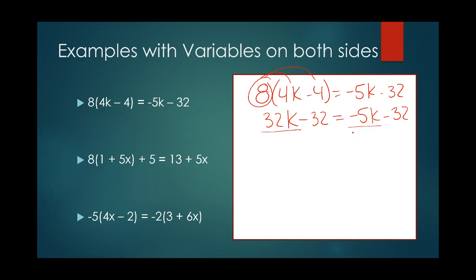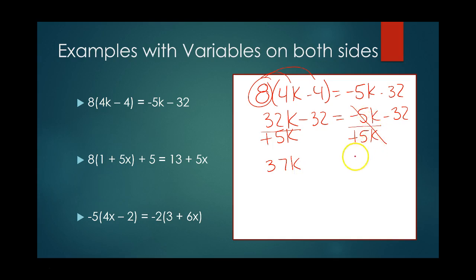And I would do that because the opposite of a negative, or the opposite of subtraction, is a positive. And we like positive numbers over negative numbers. So if I have a negative variable term, I'm going to take that to the other side. Now I notice that I have 32 plus 5, so it's going to keep that coefficient, not 8, 5, that's 7, but it's going to keep that coefficient positive.